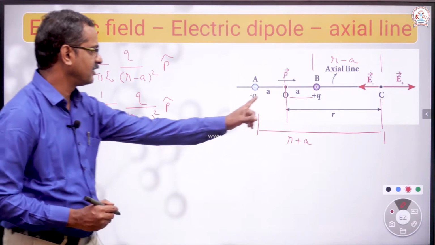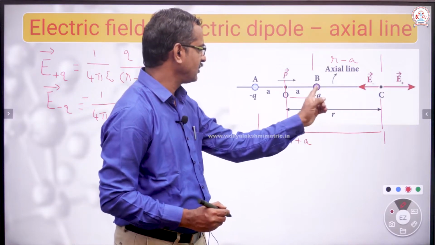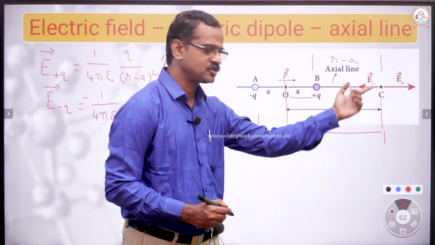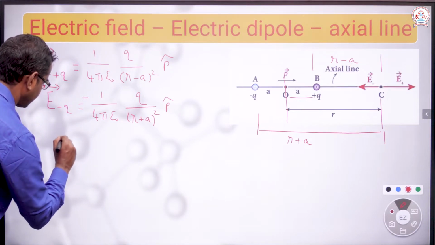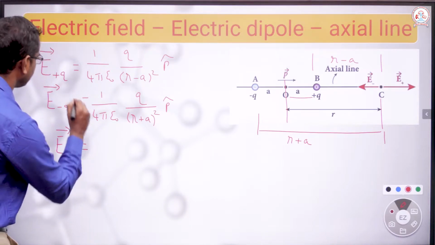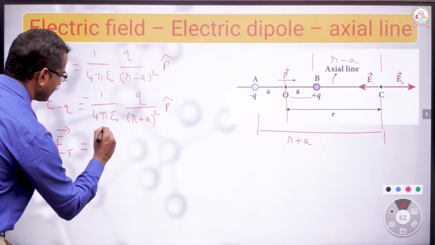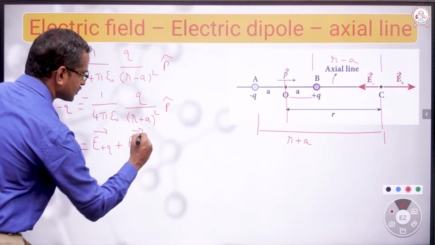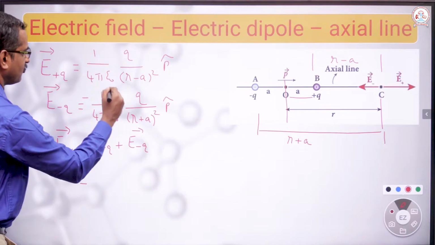Then the total electric field at the point is the electric field due to plus q charge plus the electric field due to minus q charge; both should be added. So the total electric field is equal to the electric field due to plus q and the electric field due to minus q. We can take q by 4 pi epsilon naught common.